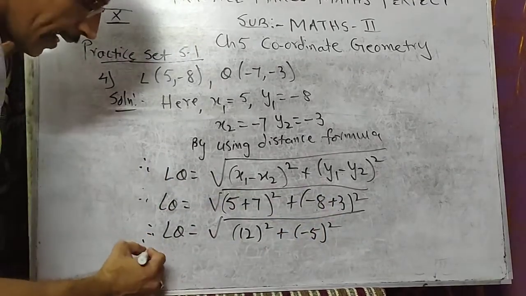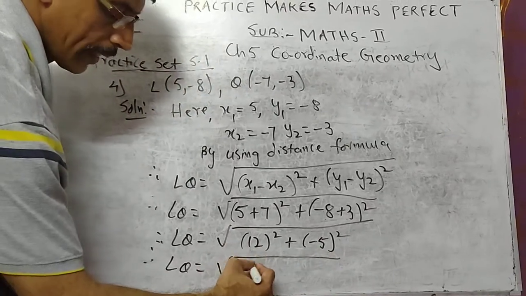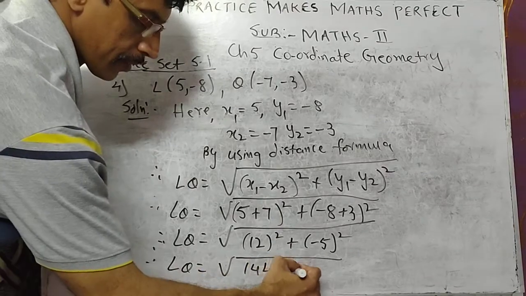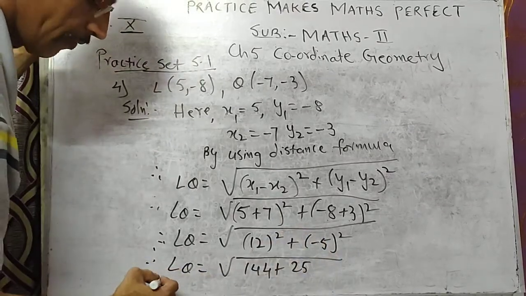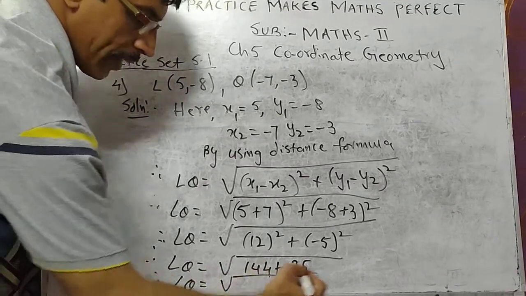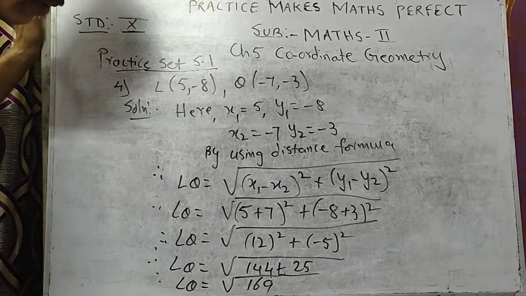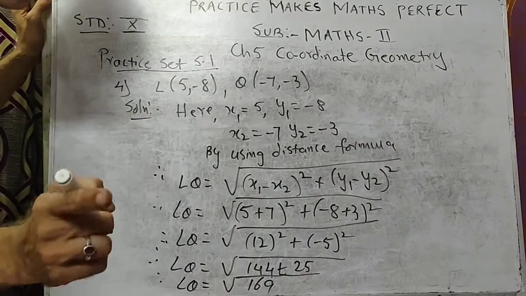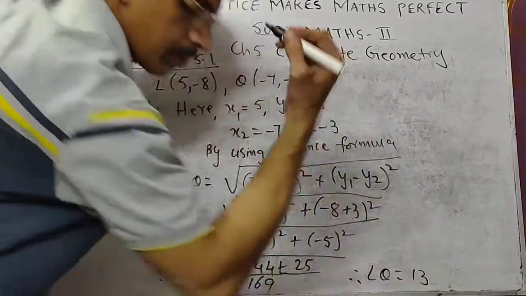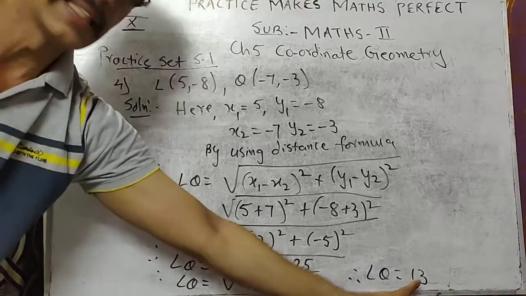So you will get LQ is equal to square root of 12 square is 144 plus 5 square is 25, and therefore LQ is equal to 144 plus 25 will be 169, and square root of 169 is 13.